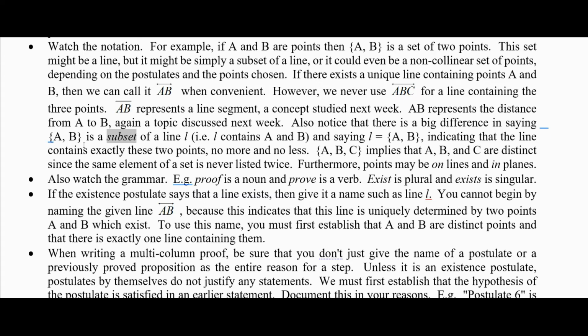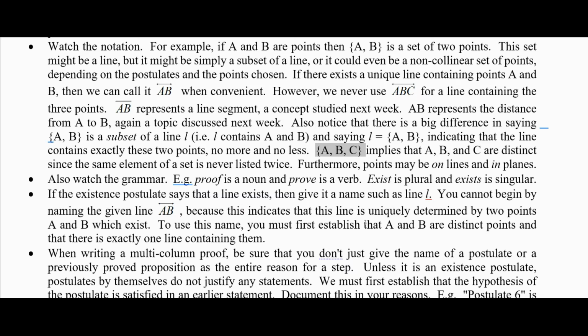The first one says the line contains these 2 points, but maybe more, maybe not more. If you use this notation here, this implies that A, B, and C are distinct points or distinct objects, in our case probably points, since the same element of a set is never listed twice.